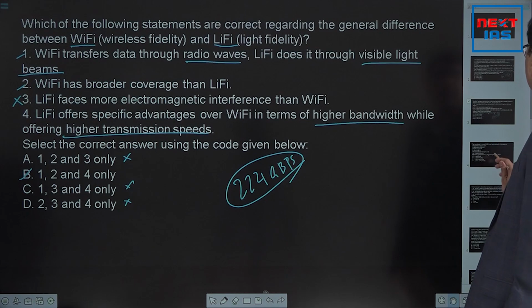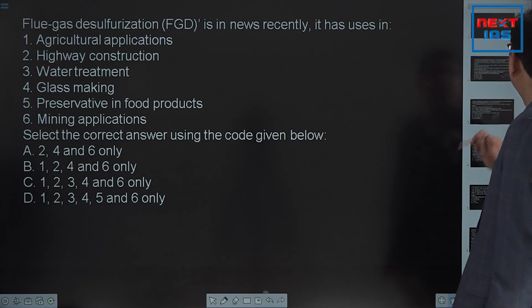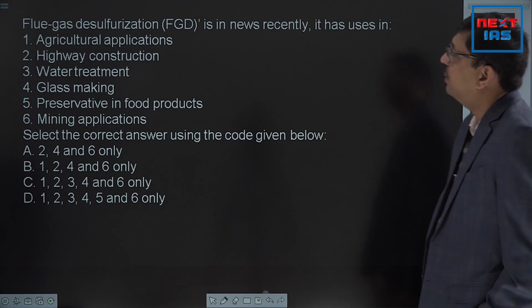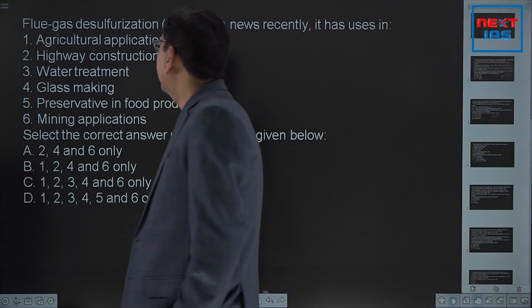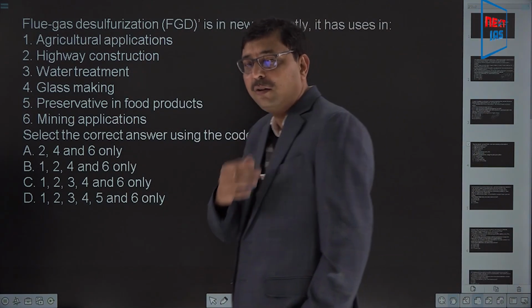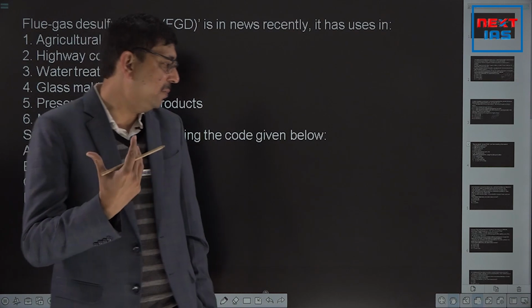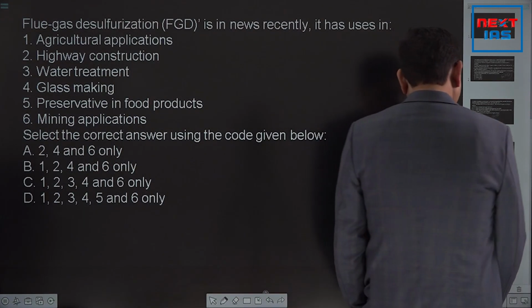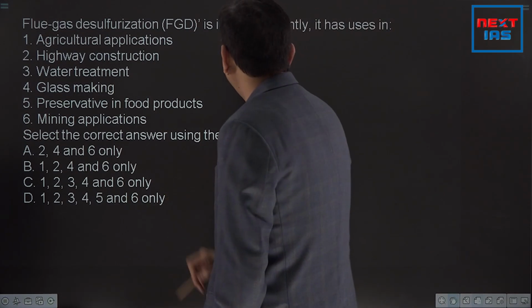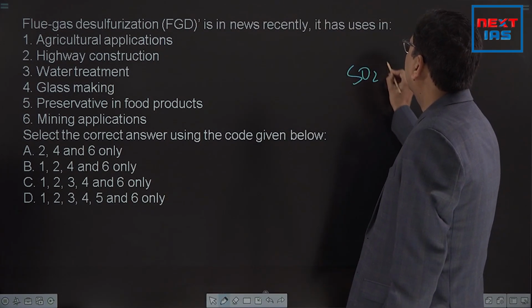Now after that, okay. The next question is, flue gas desulfurization is in news recently. It has uses in... What is flue gas? That gas which is produced from the thermal power plants. And it is a mixture of multiple things, the prominent being sulfur dioxide.